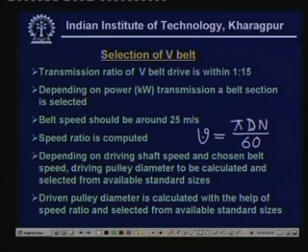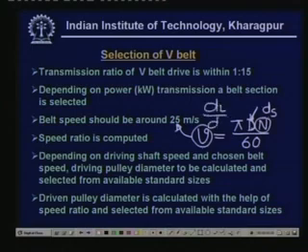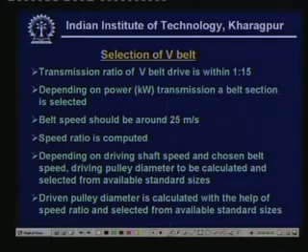So you assume a belt speed V equal to 25 and we know the speed, so correspondingly this diameter is obtained. Suppose this is the diameter of the driving pulley, that is normally a smaller one, so we have this DS. So we know the speed ratio, that is D large by DS. Just one second, I write it. So we know that the speed ratio D large by DS is something.